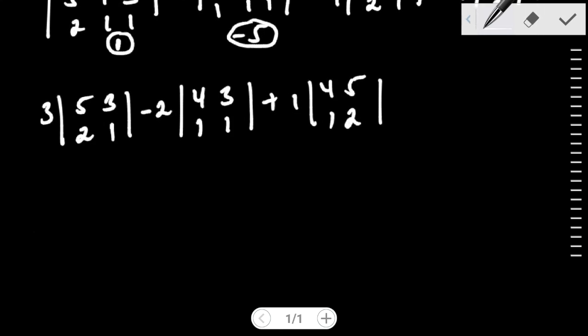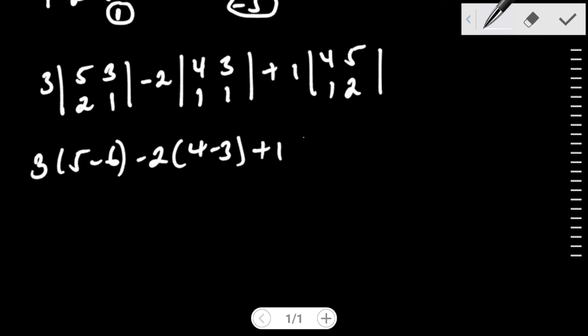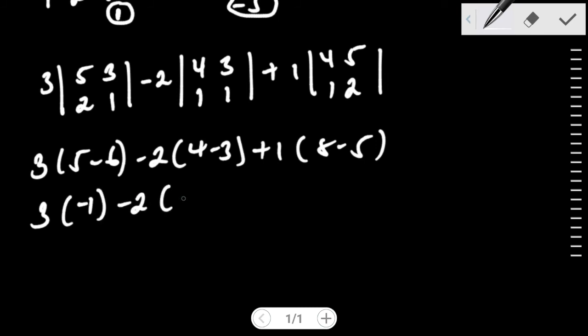So this is 3 into 5 minus 6, minus 2 into 4 minus 3, plus 1 into 8 minus 5. That is 3 into negative 1, minus 2 into 1, plus 1 into 3.